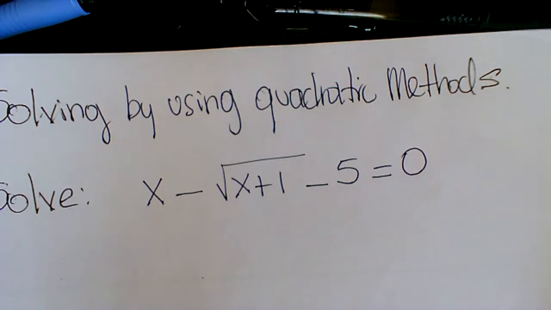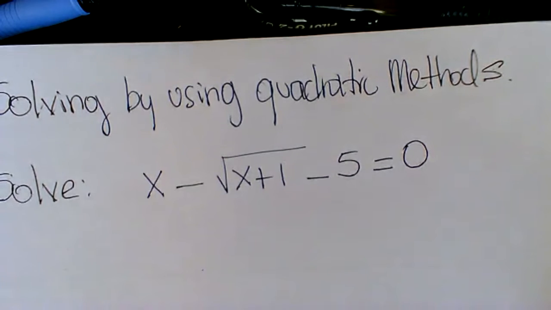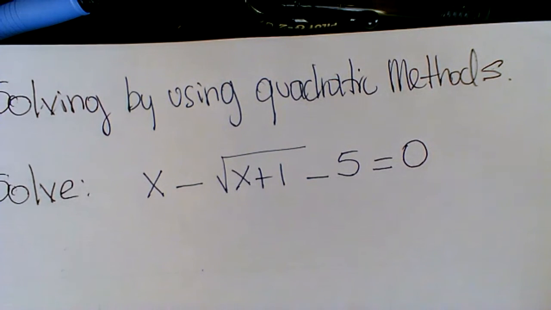And someone said root. Good. So you notice the square root, right? And how do we get rid of the square root? You guys remember what we used to do?